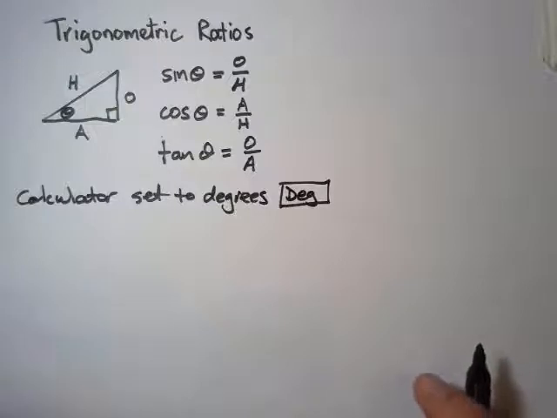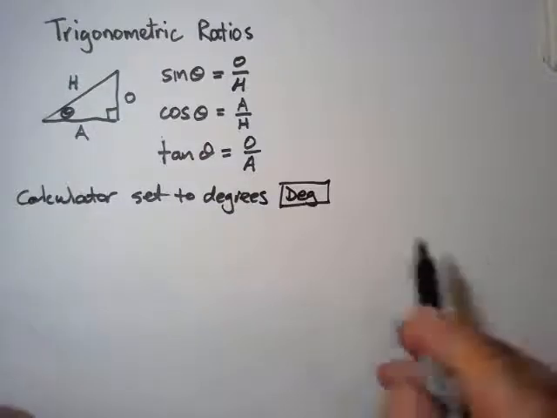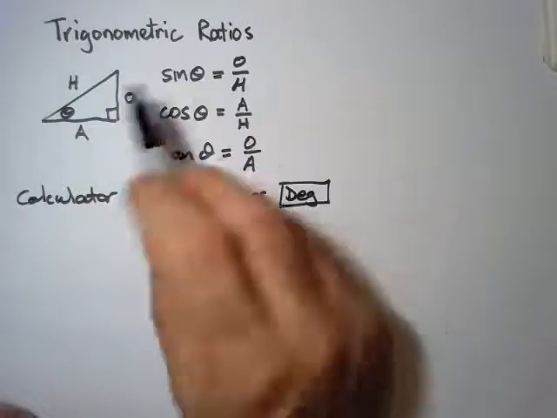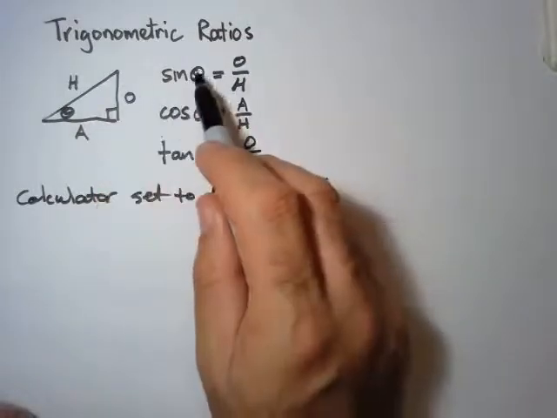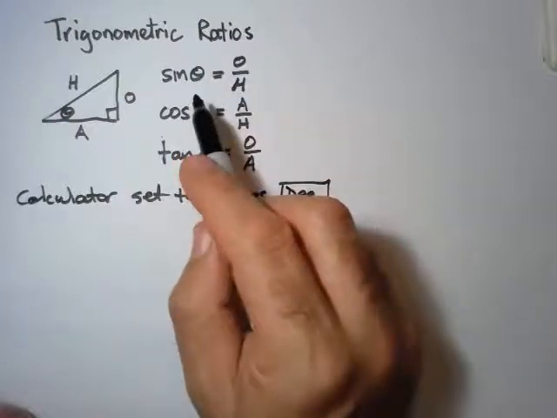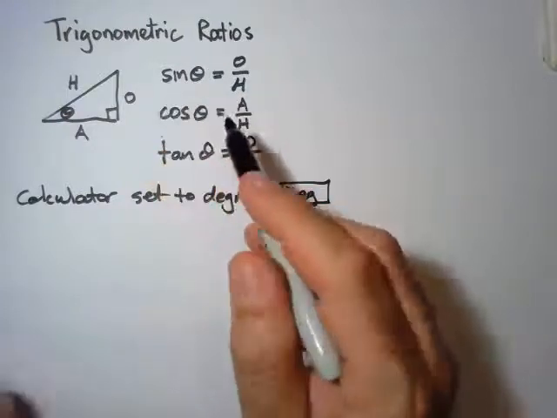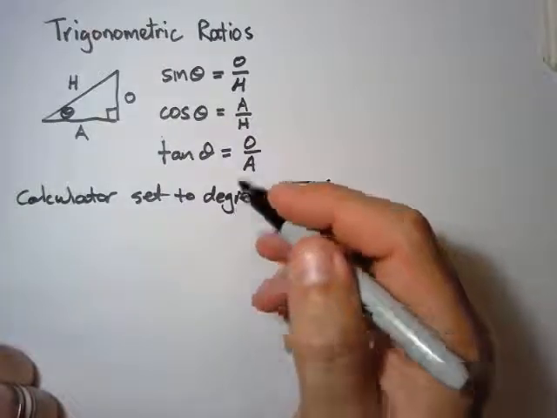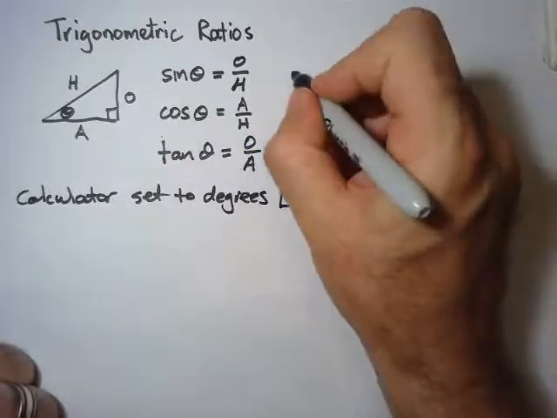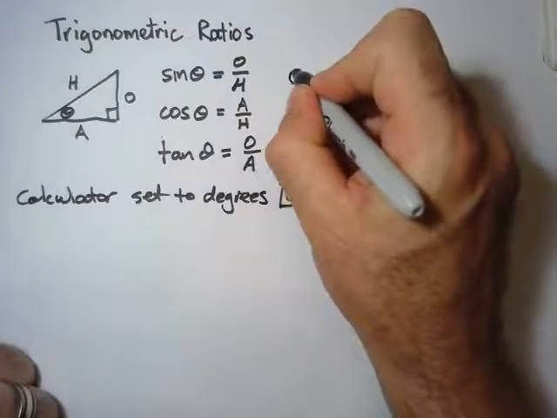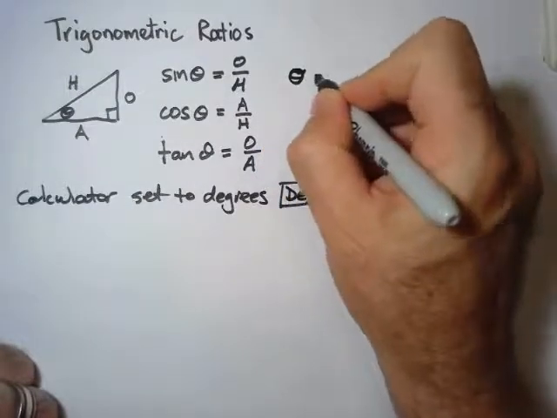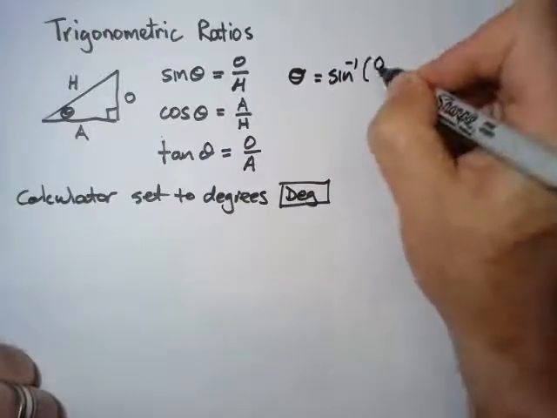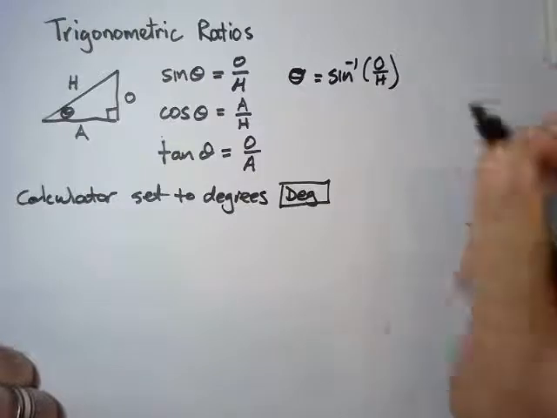The other thing that you need to know is that if I have two sides of a right angle triangle, I will be able to find any of these angles. So to do this, I'm going to use the inverse functions, also called the arc functions. So I can say theta equals the inverse sine of the opposite over the hypotenuse.